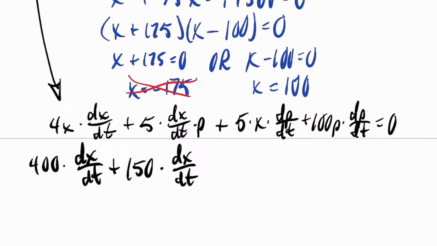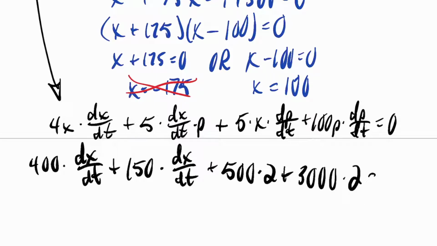Again, the 150 is from the 5 times p, which is 30. Okay, so now plus 500 times 2 plus 3,000 times 2 equals 0. Okay, I think that's all done correctly.